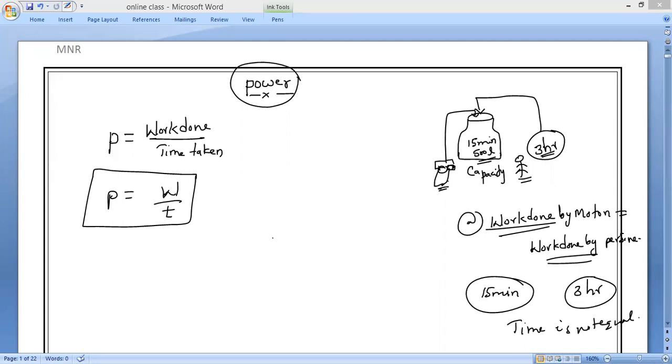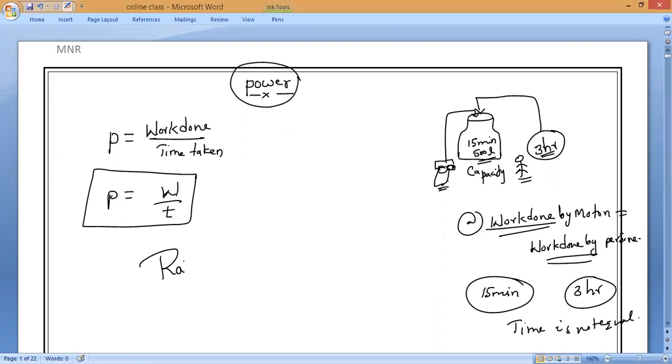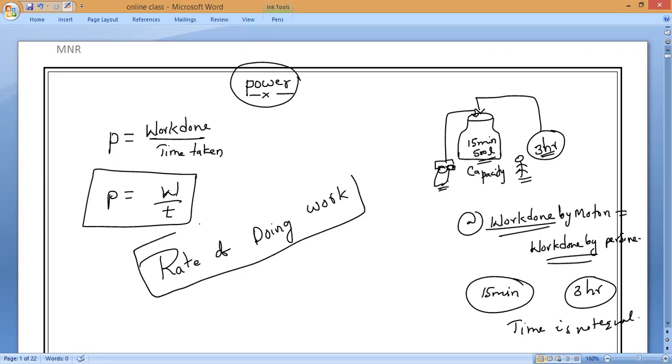That is what we call the rate of doing work. We call that what, guys? Rate of doing work is called Power.